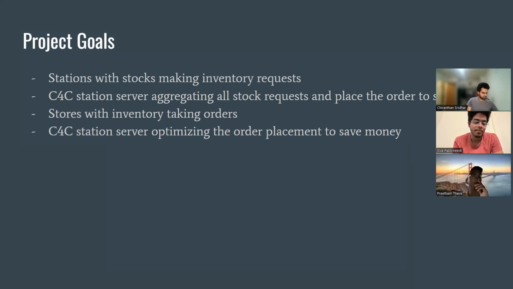We also have to represent the grocery stores with a bunch of inventory, which take orders and process the orders back. And we also have to implement the station servers to optimize the order placement to save some money. So it has to search for the cheapest available place to buy the products from and order it from there.